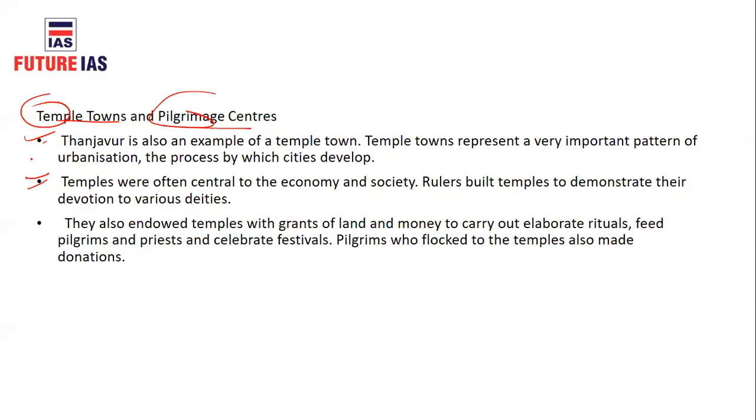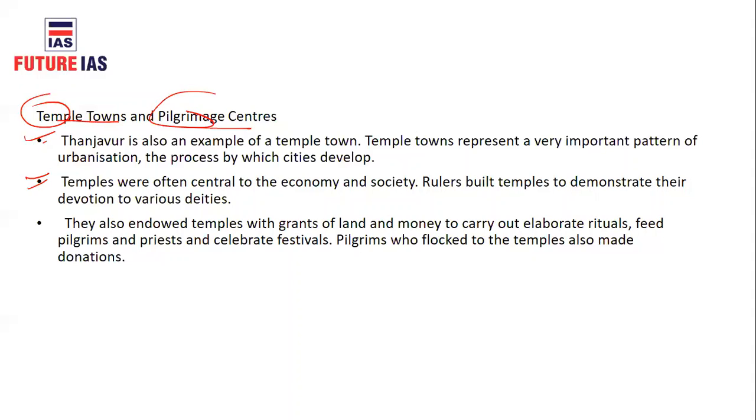Now, what is the use of this temple and how is the economy of the town dependent on the temple? Rulers built these temples to demonstrate devotion to various deities. These temples were endowed with a lot of grants of land and a lot of money to carry out different rituals, to feed pilgrims, to feed priests, and to celebrate certain festivals.